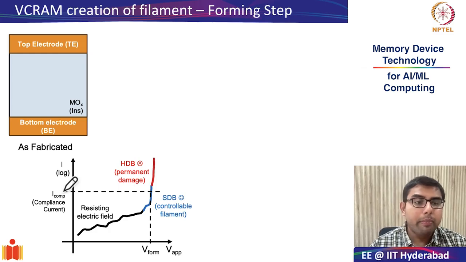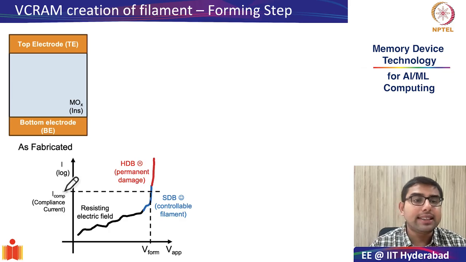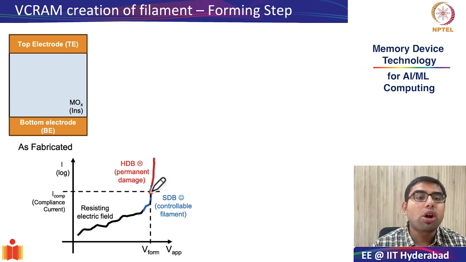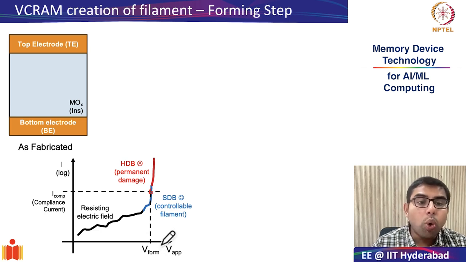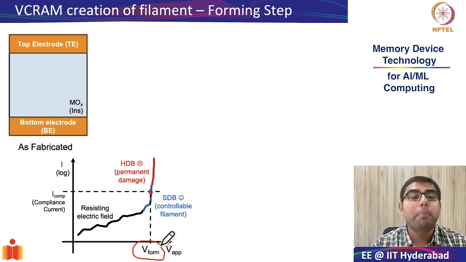And this is done by imposing something called the compliance current. What the compliance current does is, the moment the current hits a set value, it stops the measurement, or it stops the applied bias, at the forming voltage, V forming, or the voltage where you reach the particular compliance current.